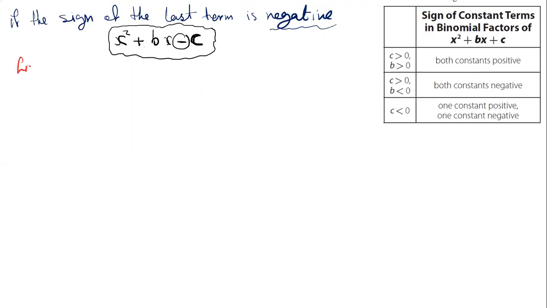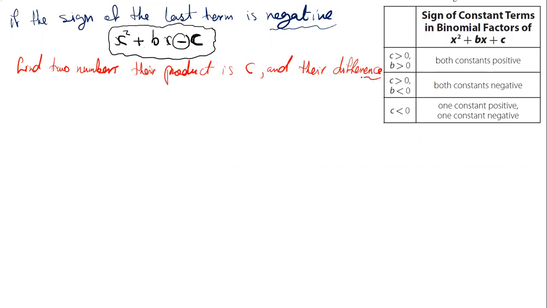Again, we have to find two numbers whose product is C and whose difference is B. If this sign is negative, we do this.